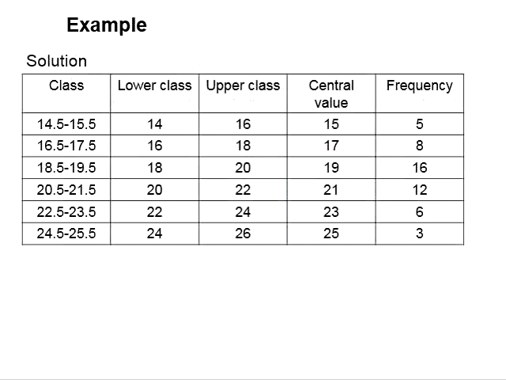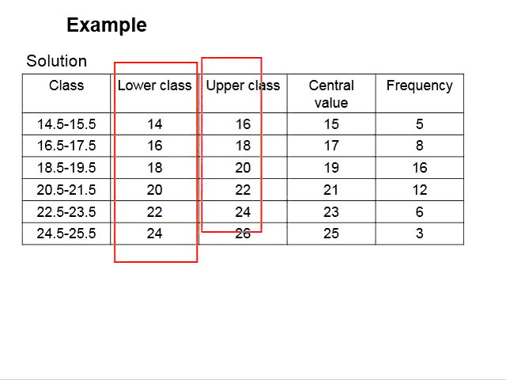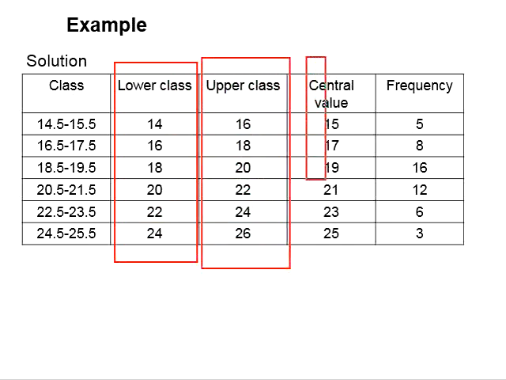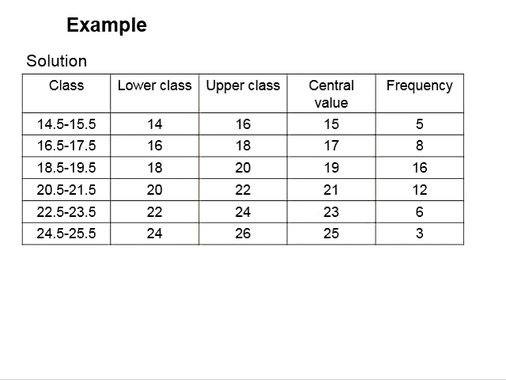To solve these questions, first, you need to determine the lower boundary of the class, the upper boundary of the class, and also the center value of the class. The lower boundary of the class is obtained by taking the average value of the upper boundary and the lower boundary between two classes, and the upper boundary will be obtained in a similar manner.